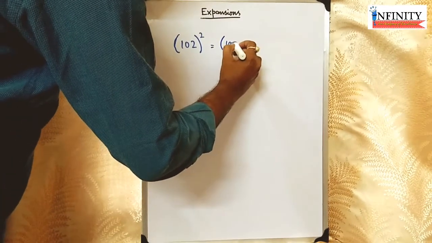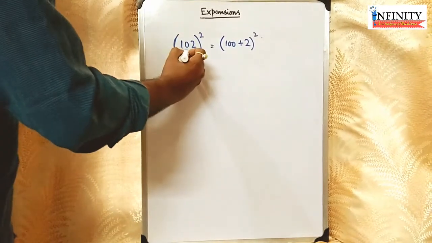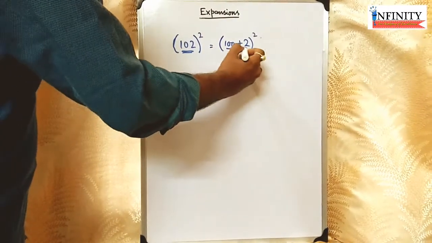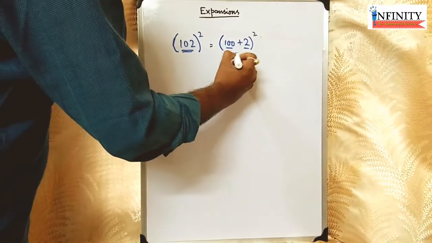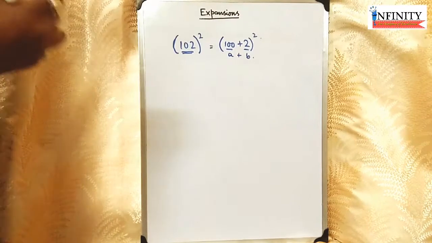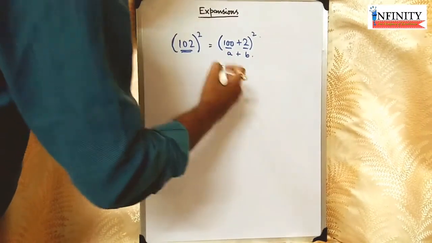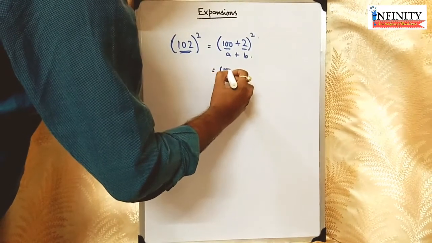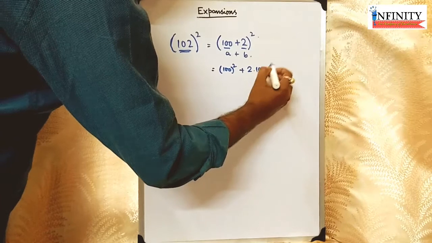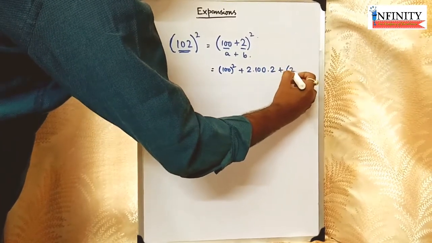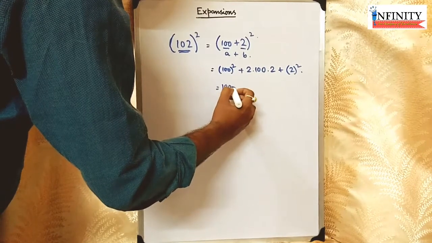You have to do 100 plus 2 whole square. That is, you have to break this number into two numbers whose squares you can find easily. That is, you have to express this as a plus b or a minus b form, right? Then it will be of the form a square plus 2ab plus b square, right? Then you can easily find this.